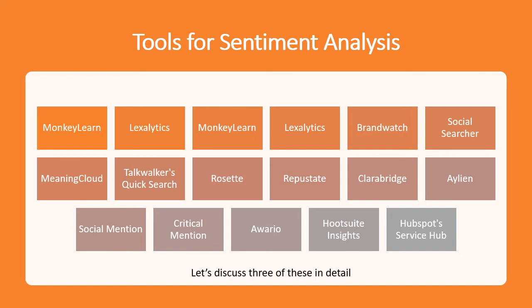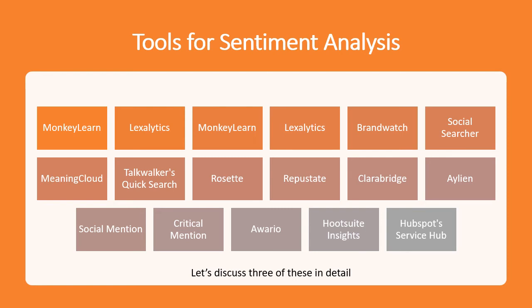MonkeyLearn's products easily integrate with tools like Zendesk and Google Sheets. If you know how to code, you will be able to use the MonkeyLearn API to connect sentiment analysis tools to your stack. The advantage of building your own sentiment analysis tool is that it will be more accurate for you.